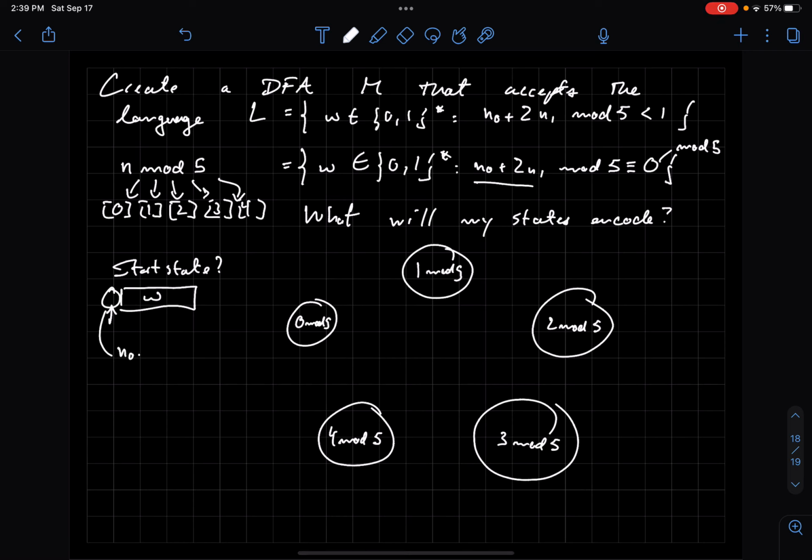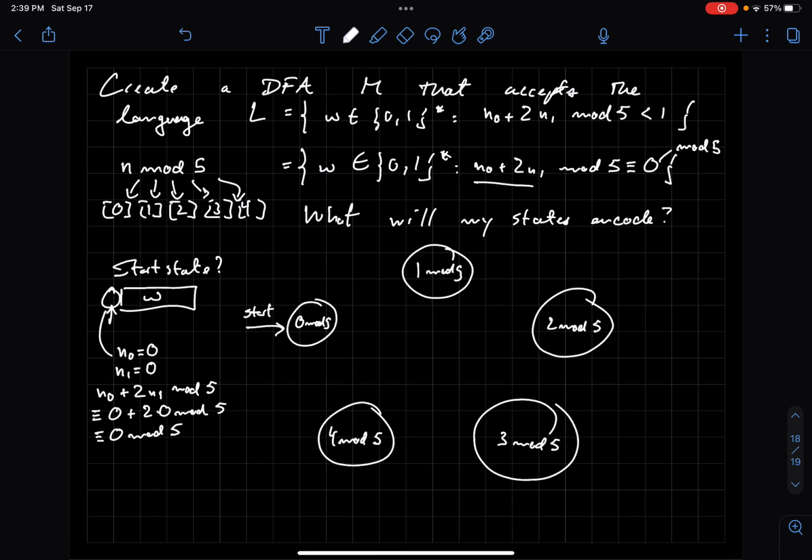That means the number of zeros is 0 and the number of ones is 0. If I plug that into my formula, I get 0 plus 2 times 0 mod 5. So 0 plus 2 times 0 is 0, so I get 0 mod 5. That means this should be my start state.